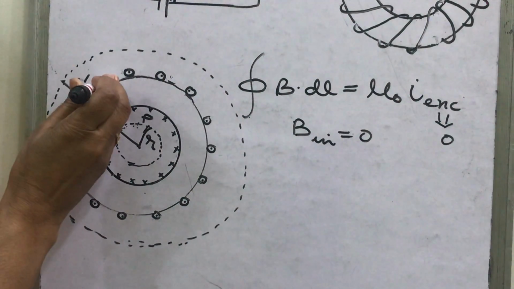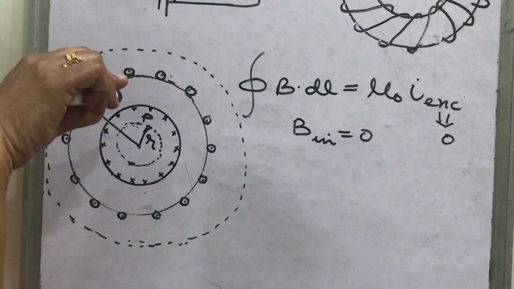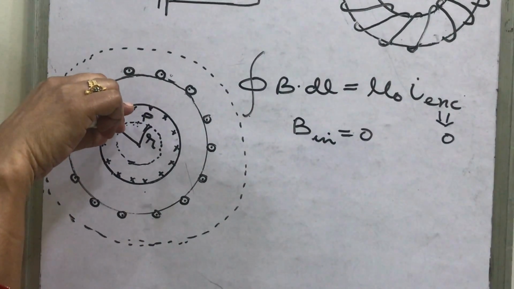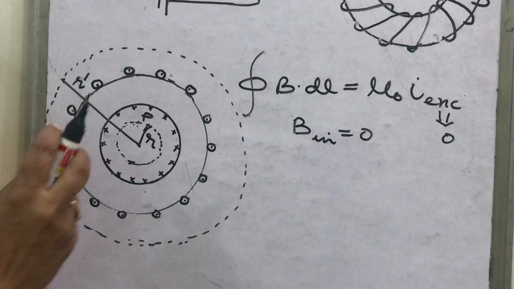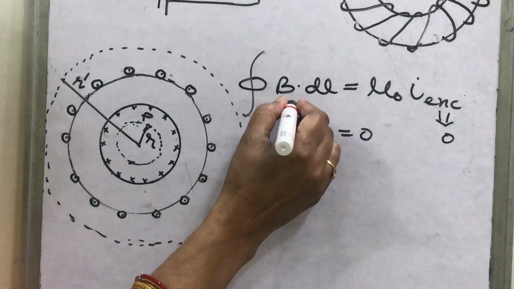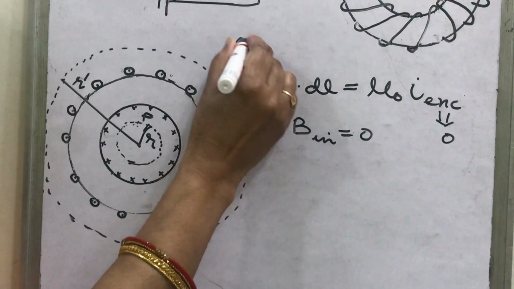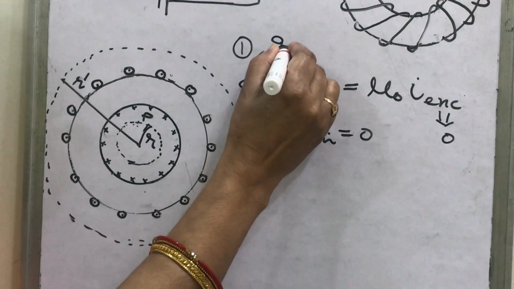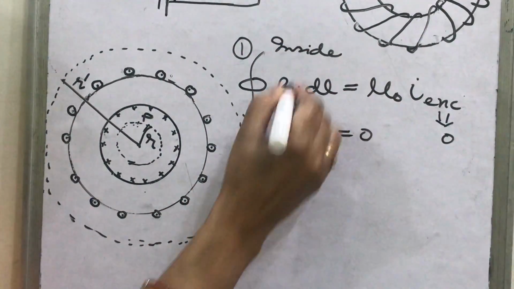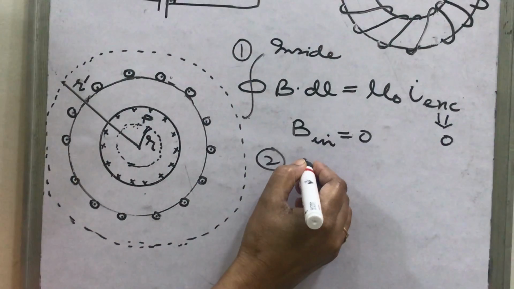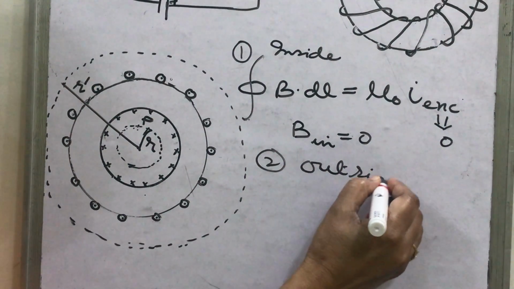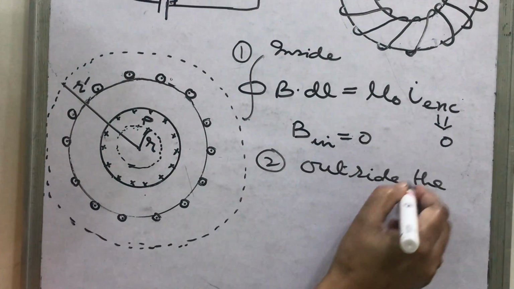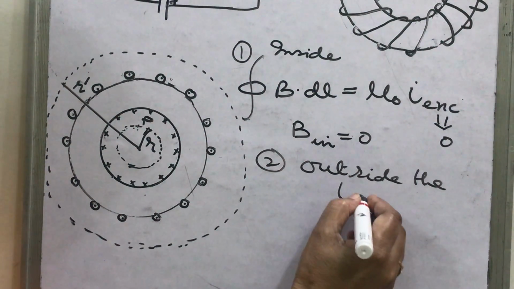The same current is leaving and the same current is flowing inward. So the net current is 0. So the first case you have taken is the magnetic field inside. The second point, you have taken the magnetic field outside the toroid.